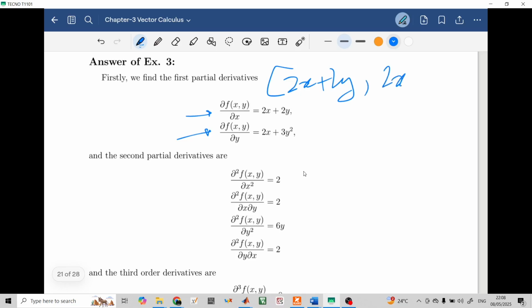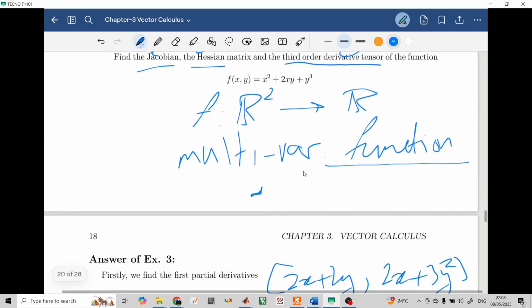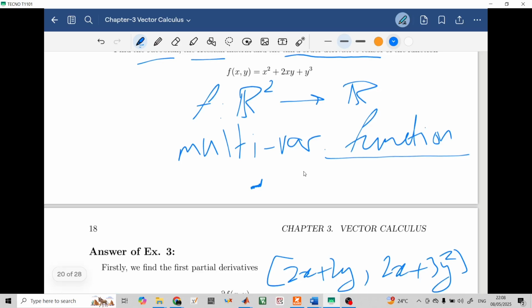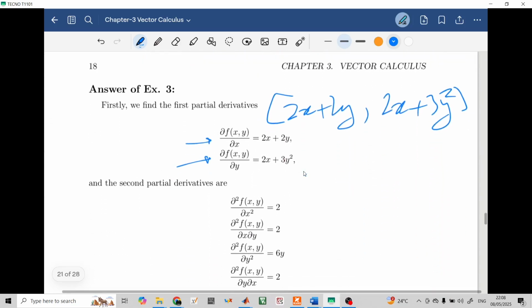Then the derivative with respect to y is 2x plus 3y squared, right? So you take the derivative with respect to x, you get here 2x, then 2y, and then this goes away, and the same thing when you take the derivative with respect to y. Okay, now, so this is the Jacobian.